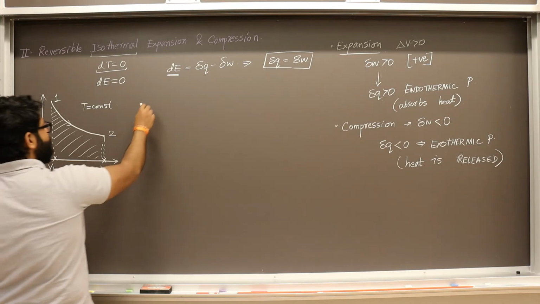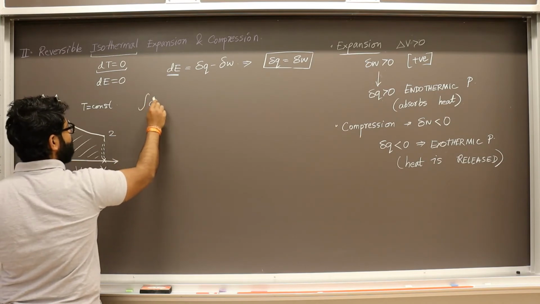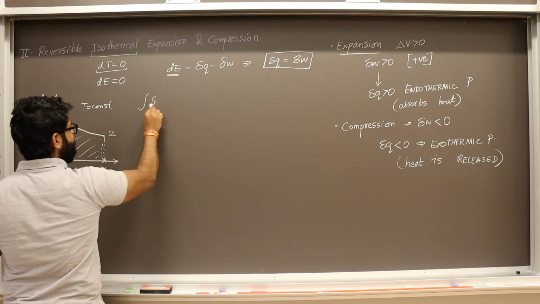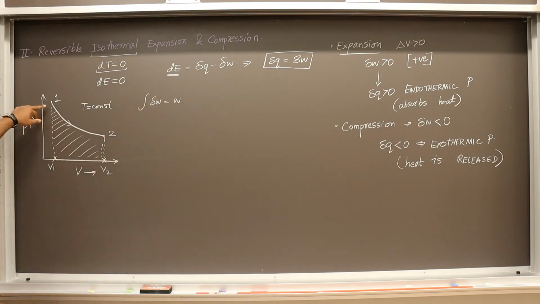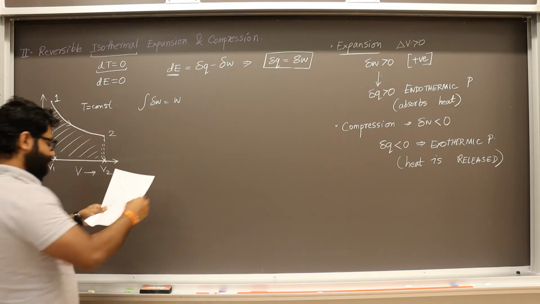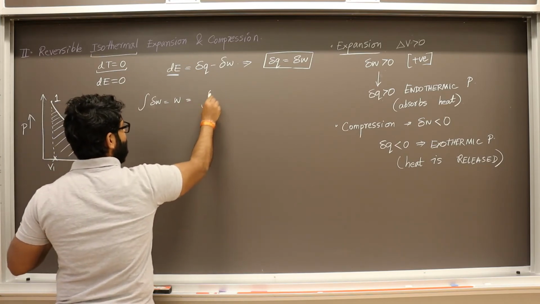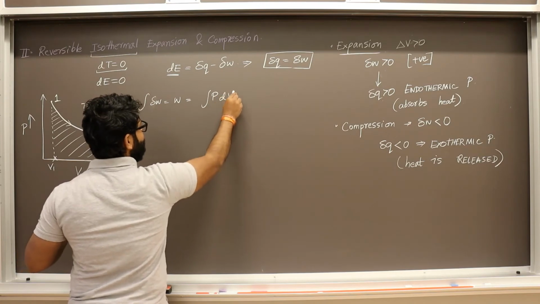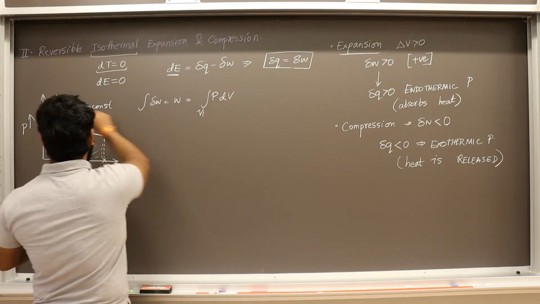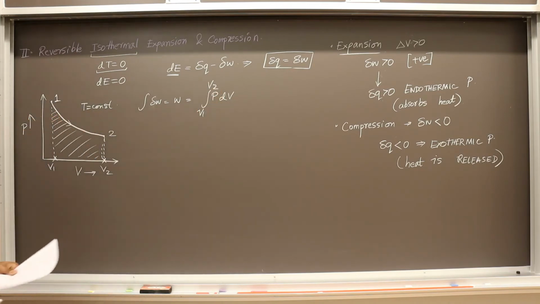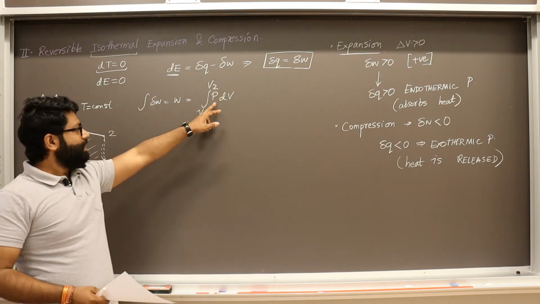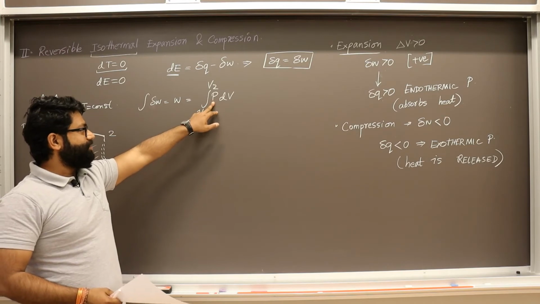Okay. To find out the amount of work, we will integrate dW from state 1 to state 2, right? Now, this becomes the integral of P dV from V1 to V2. The problem with this is that P is changing here.